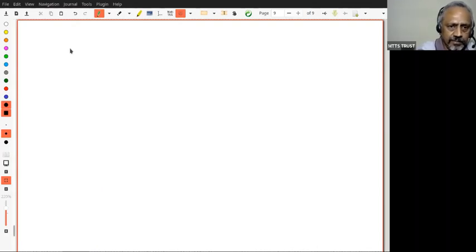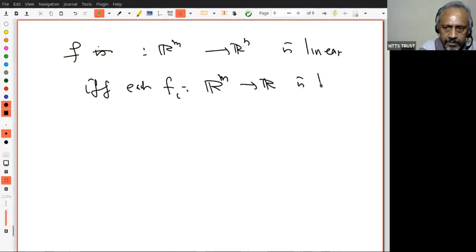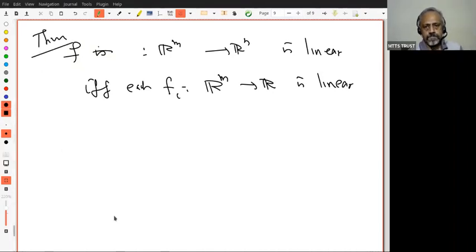Now I am going to claim f from Rm to Rn is linear if and only if each fi from Rm to R is linear. This is what we want to prove. Is it clear? Yeah? Okay.